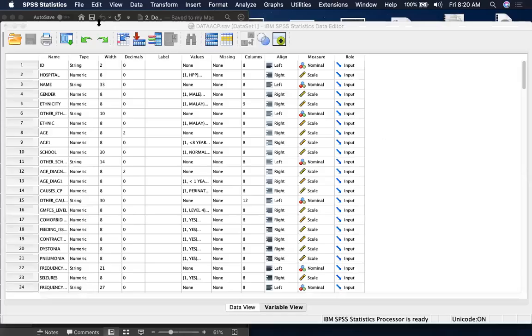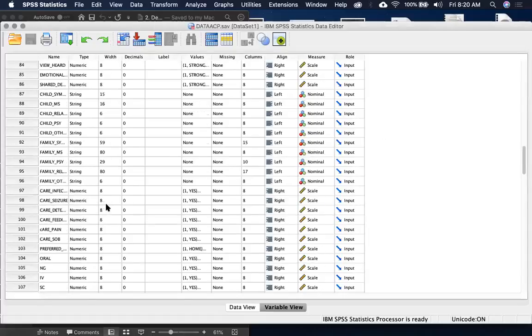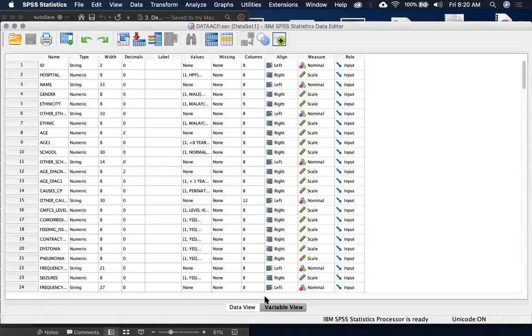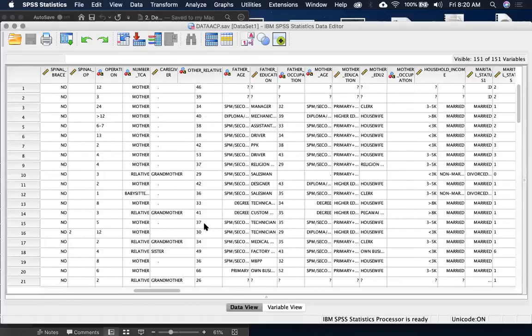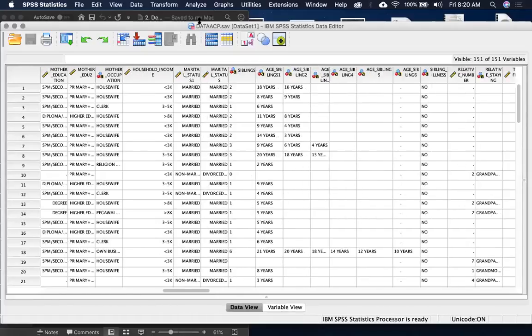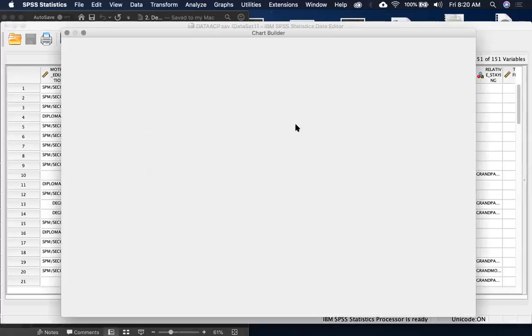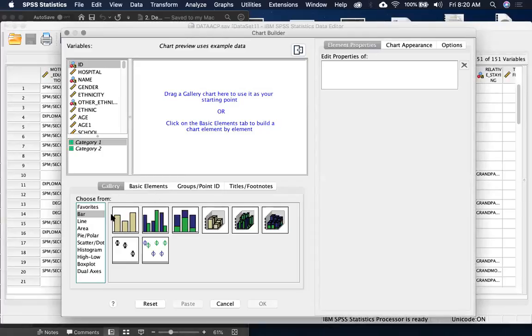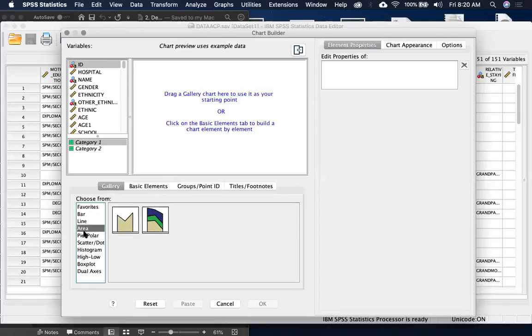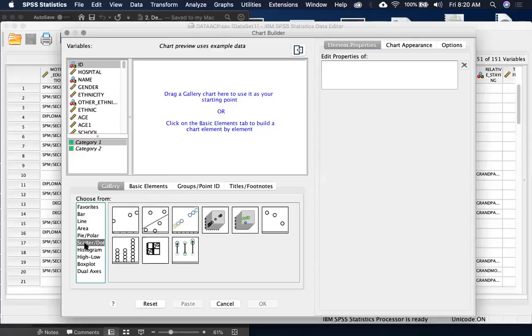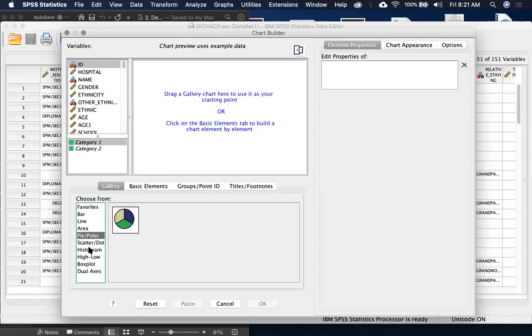So basically, let's say you have a data like this. Something like this. You can press the graph and then chart builder. Then you can select. This is SPSS, so you can select the type of bar chart or line chart or scatter or dot or pie chart that you want.